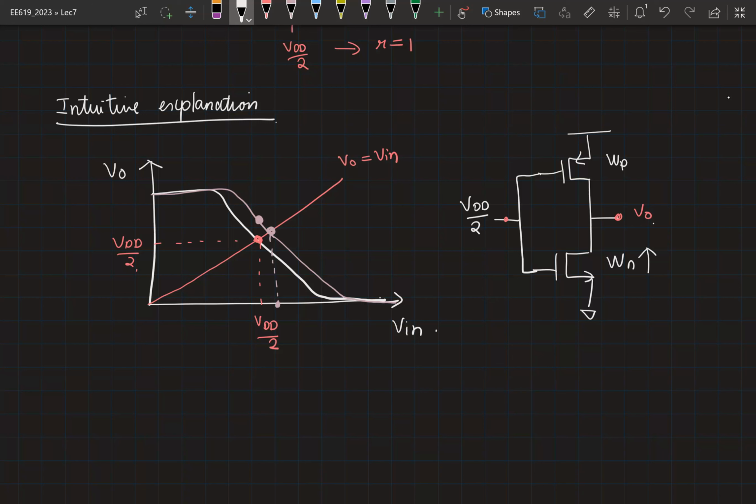VSD should increase, right? Which means V0 should decrease. So now the new point corresponding to the input VDD by 2 will be lower, which means your curve is going to look like this. Therefore, your midpoint voltage is also lesser.